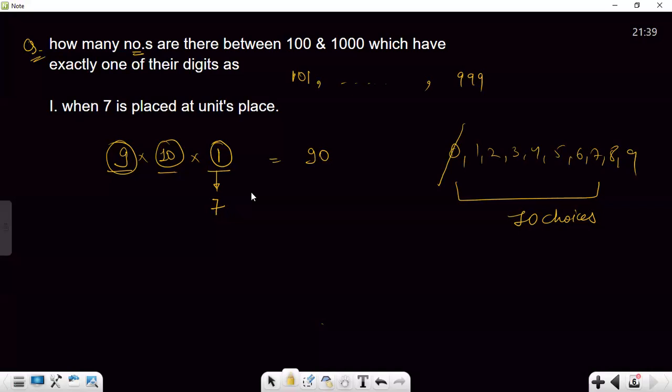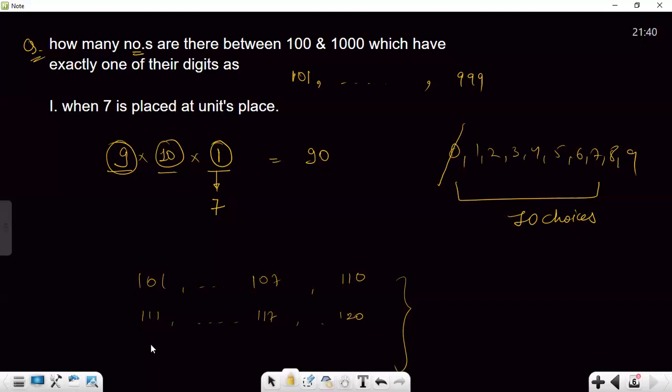Now it's a thing to think about. Let's write 100, 101, 107, 110, then 117 and 120. And like this, if we keep on repeating, 7 is coming after every 10.